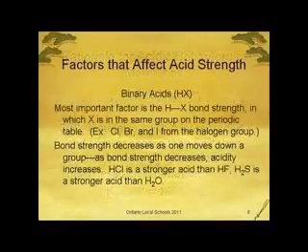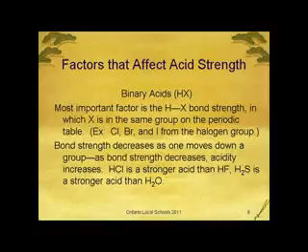Well, based on their Ka values, and again a general trend toward the higher charge and smaller radius ions having more acidic behavior, we want to look at some other factors that affect acid strength. So first we're going to look at binary acids, and we're going to represent these with a general formula of HX, where X will be the anion that the hydrogen is bonded to, the nonmetal that the hydrogen is bonded to.